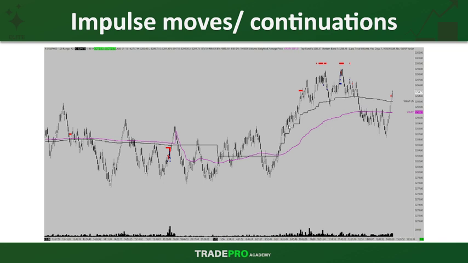Now, what happens here is we break these previous peaks, and you could say maybe the impulse for this move might be somewhere here off this peak break, or maybe down here. But again, this is a 5-tick chart, a 1.25 point chart, and the fact that we break this area as resistance right here means that it turns support, and we expect those lines to hold as support on the retrace.